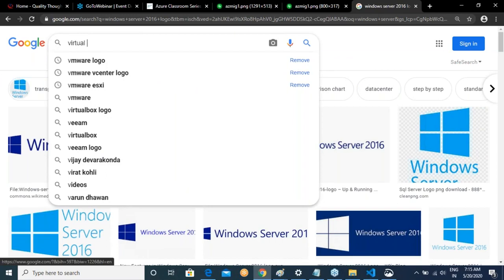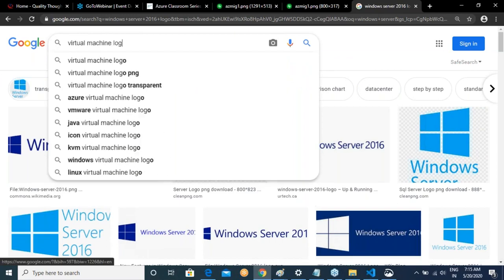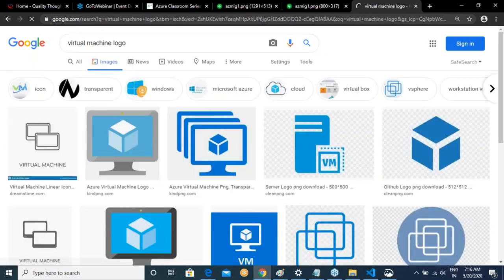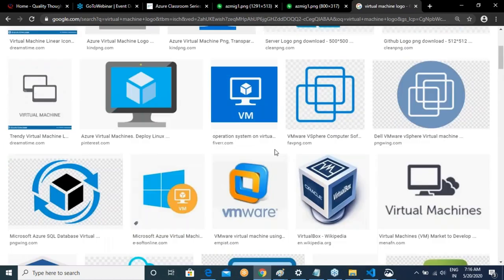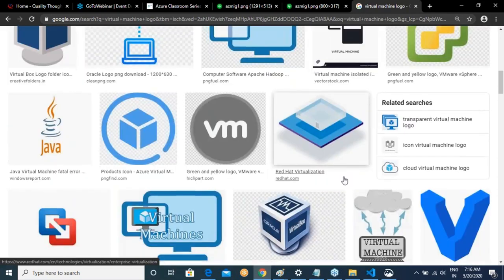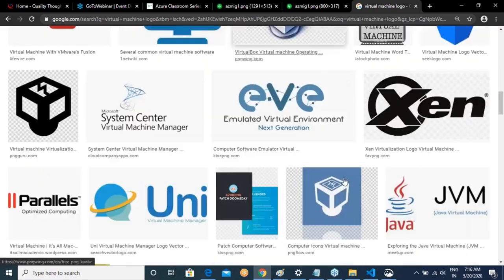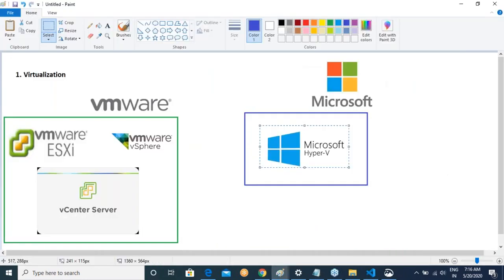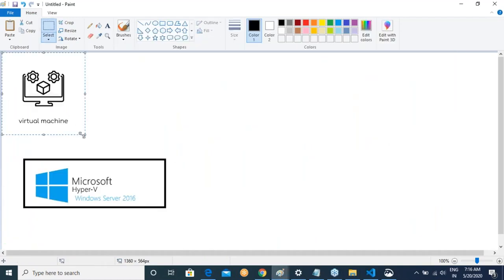So let me take the virtual machine logo. On this, I'll be creating virtual machines.